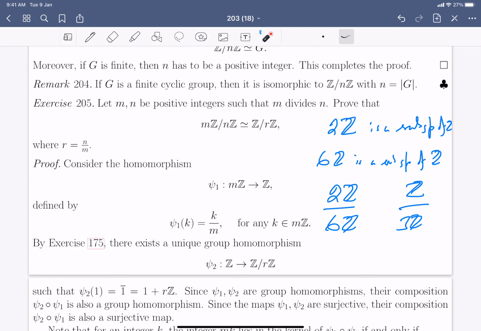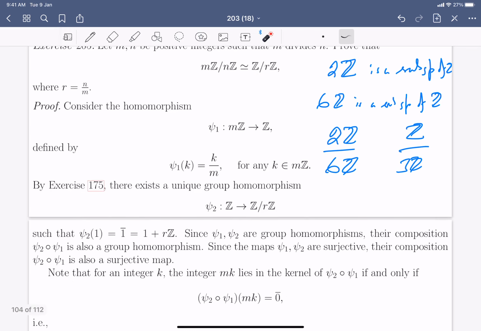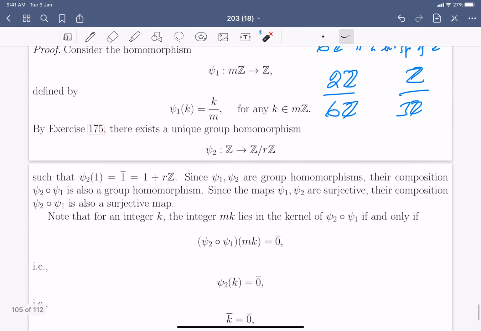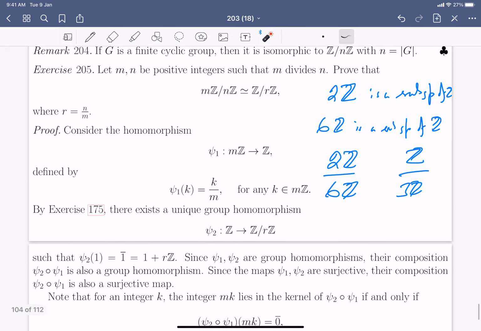So let's try to see how to proceed. Again, we will apply the first isomorphism theorem to prove this result. Start with the homomorphism psi1 from mZ to Z, and then we will consider a group homomorphism psi2 from Z to Z mod rZ.